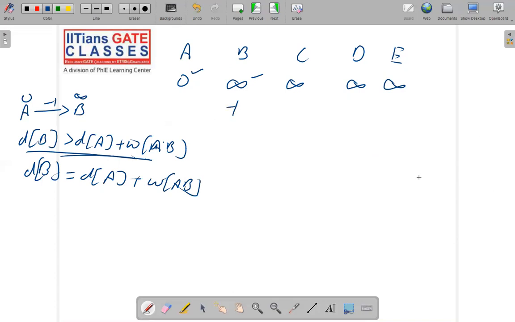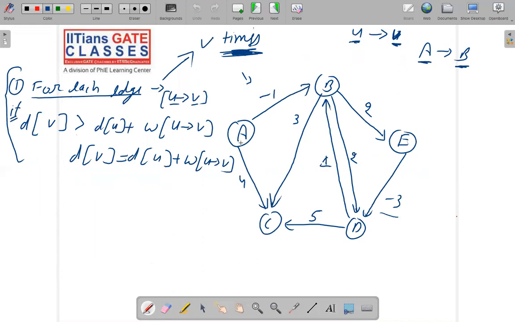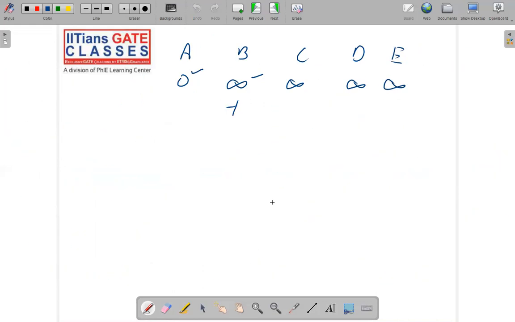Okay, so similarly, we have to consider all the edges. Right now we are considering only one edge, AB. Let's see edge AC. Right now C is at infinite, A is at 0, and edge weight is 4.